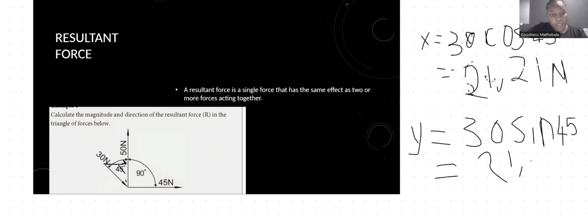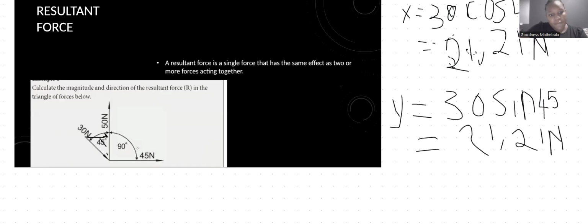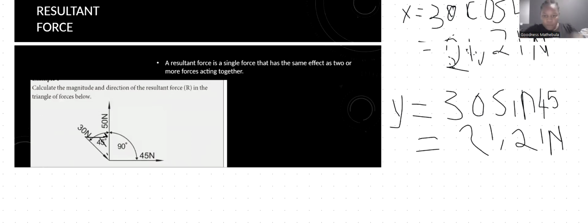And then we have to calculate the forces acting vertically.